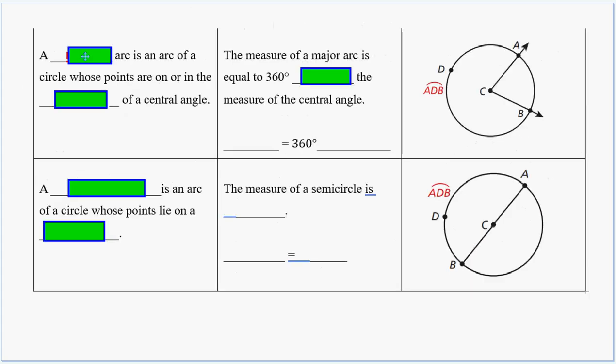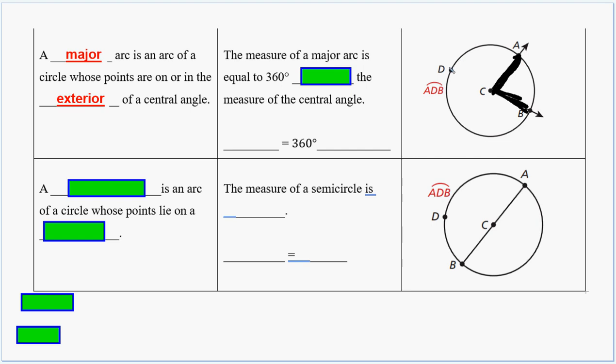So we had a minor arc. Now here's a major arc. A major arc is an arc of a circle whose points are on or in the exterior of that same central angle. If we look back over here, we saw the central angle ACB. Well, we got a point D out here. That means if we start at A, we got to go to D first before we can continue on to B. So the measure of a major arc is equal to 360, that's a full circle, minus the measure of the central angle.